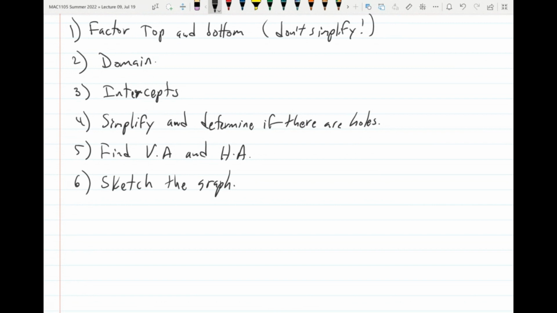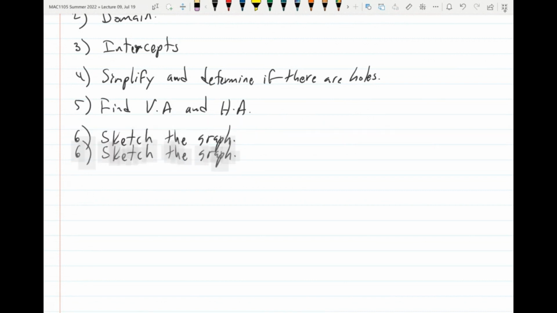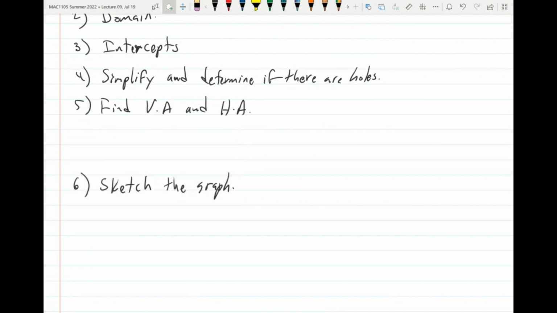Okay. So I guess let me be a little bit more precise in the following respect. When you find the asymptotes, okay, you also need to keep in mind the behavior.